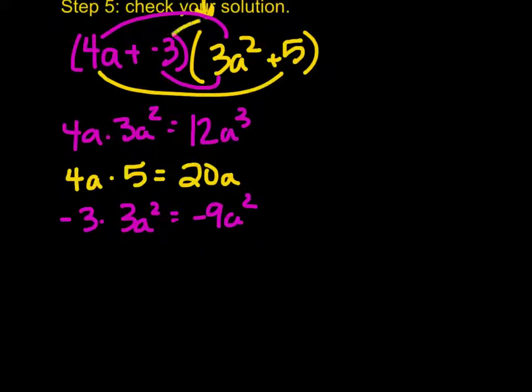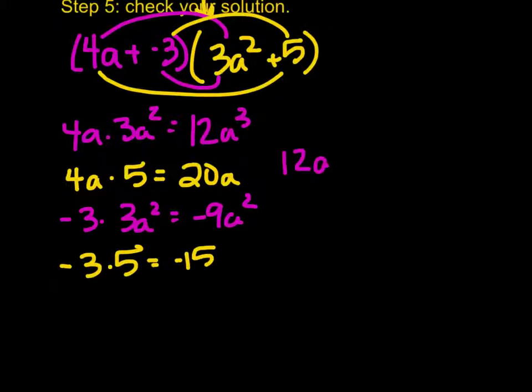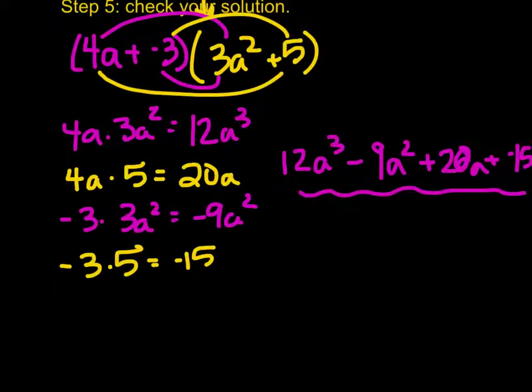And finally, our last terms, negative 3 times 5, which equals negative 15. Putting that all together, hopefully we have the exact same solution as before, and I'm going to write it out in standard form. 12a to the third minus 9a squared plus 20a plus a negative 15, exactly the same as before.